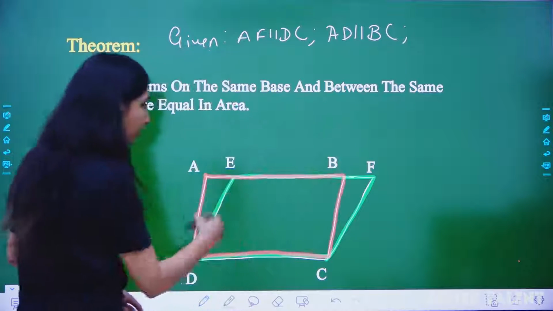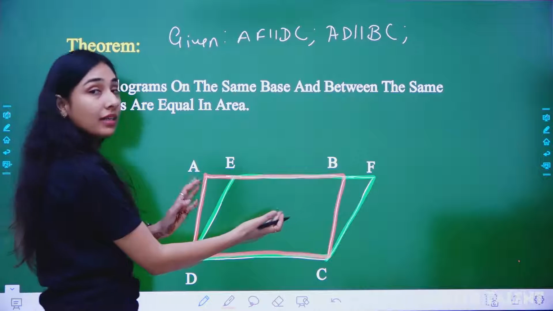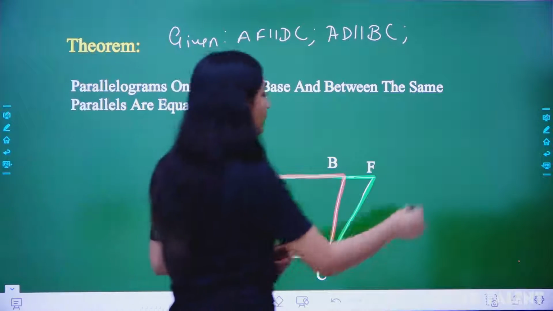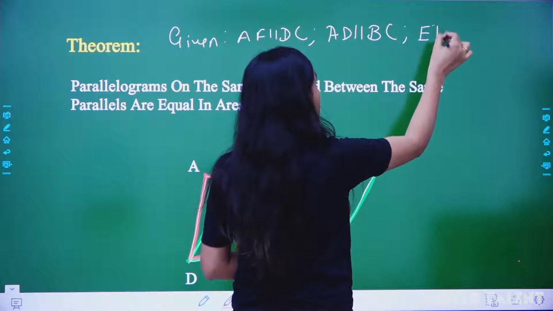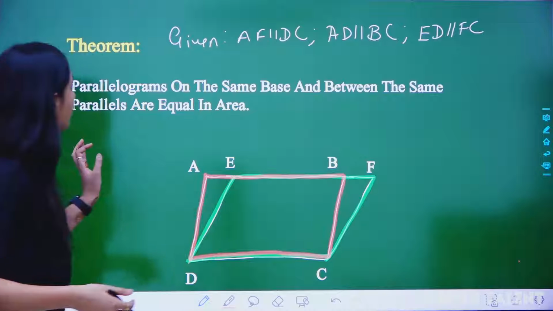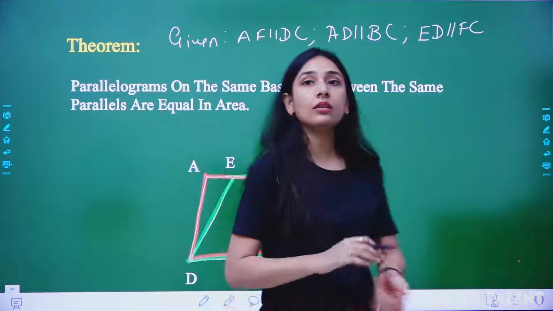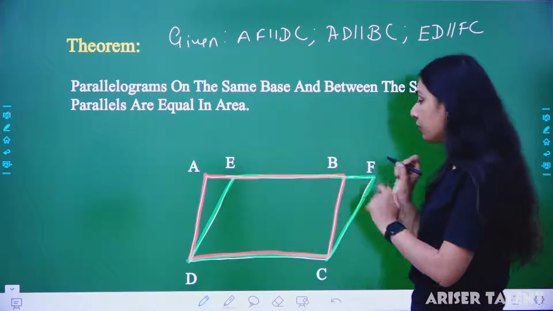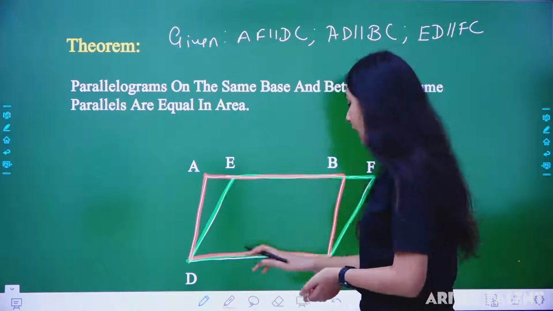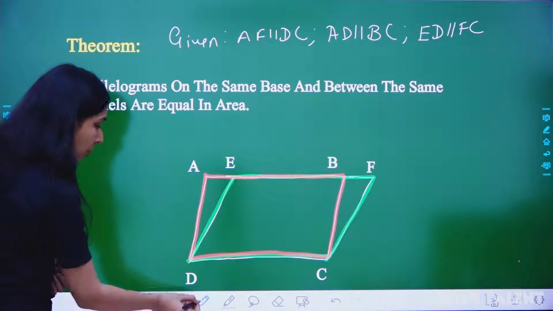And these two pairs are also parallel lines, because this is also a parallelogram, so ED is parallel to FC. Now we have to prove that the areas of the green parallelogram and the pink parallelogram are the same because they have the same base. Let's see if it's true or not.